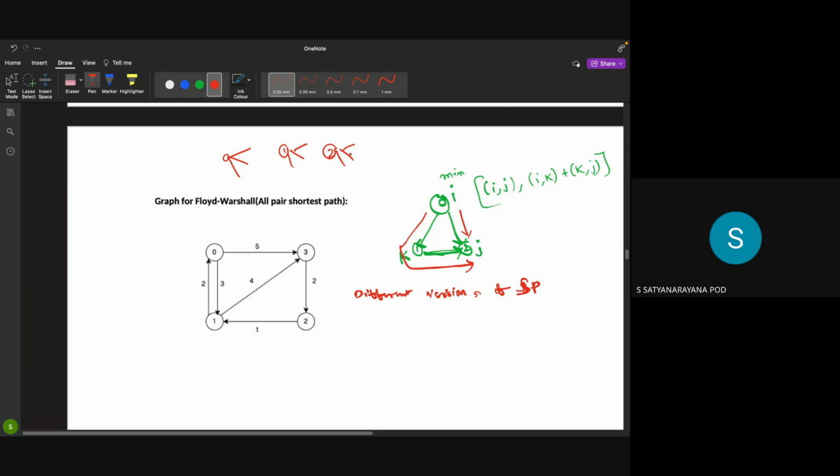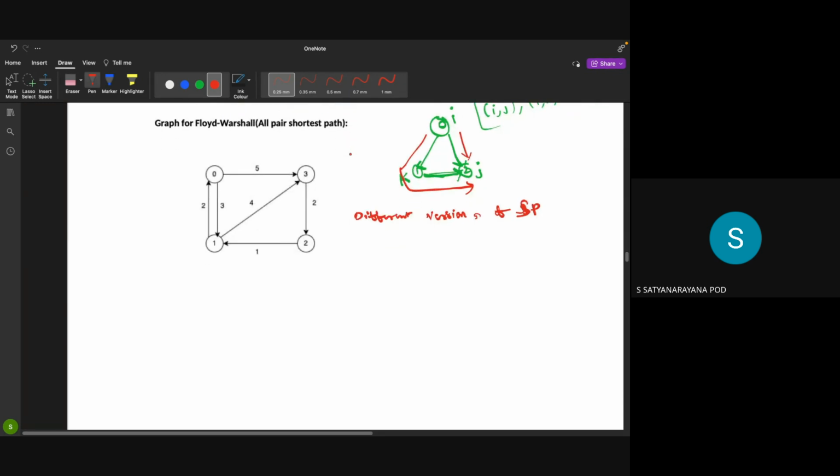So take the same graph, whatever graph it is. What we are trying to do is first make a matrix. All these ones we make 0, 1, 2, 3, this combination of rows and columns, maybe something like this.